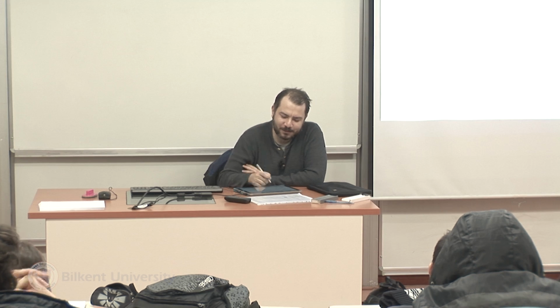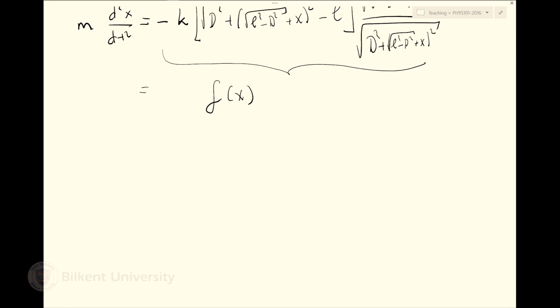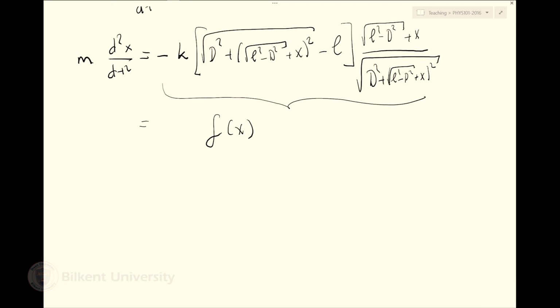Okay? Here is my function. Let me call all of this some function of x. Now, that's going to be a complicated function. But can you tell me what is the value of f at x equals 0?